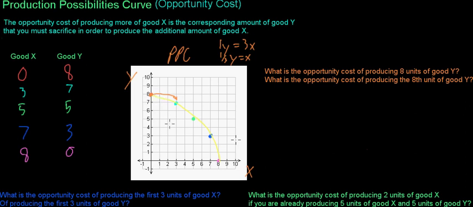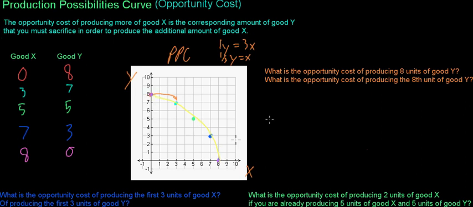So now we're going to go ahead and get on to answering some of these questions. The first one is, what is the opportunity cost of producing 8 units of good Y? And this question is intended to say, assume that you are producing no units of good Y. What is the opportunity cost of going from producing no units of good Y, going down here, to going all the way up to here?